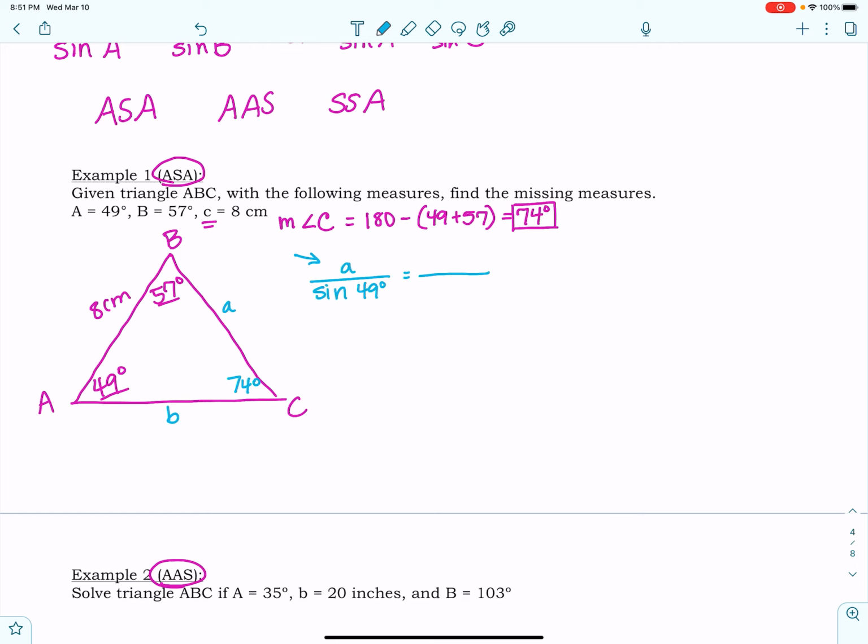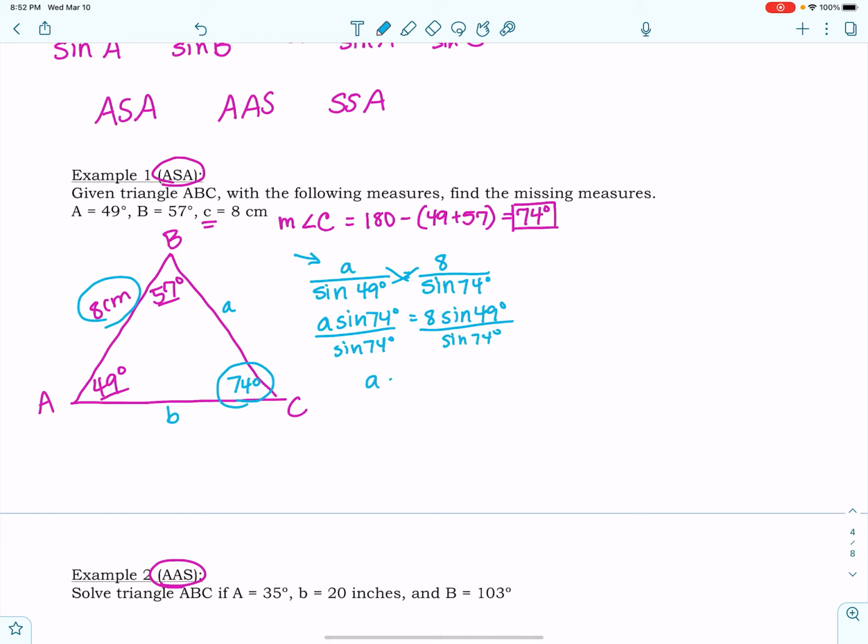So I am going to choose angle C and its side opposite it. So I'm going to have 8 over the sine of 74 degrees. Now I'm just going to cross multiply here. So I've got a times the sine of 74 equals 8 times the sine of 49. And now I'm going to divide by the sine of 74.